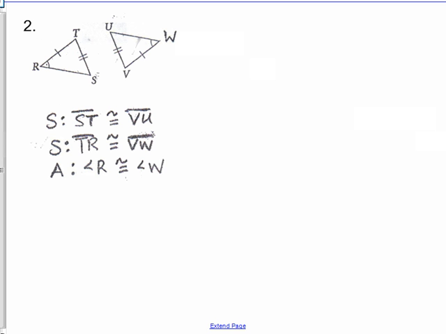For the next example, they're giving us three statements here. They've got side statements and an angle statement. Okay, so let's see. ST is congruent to VU.